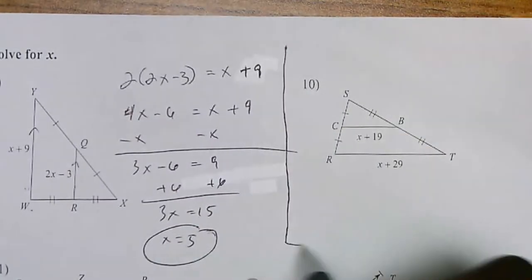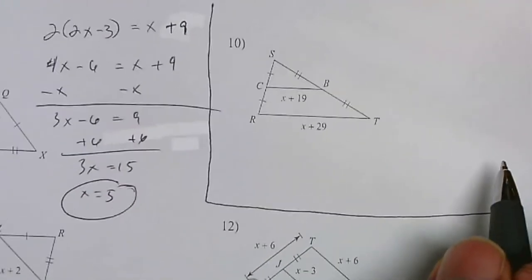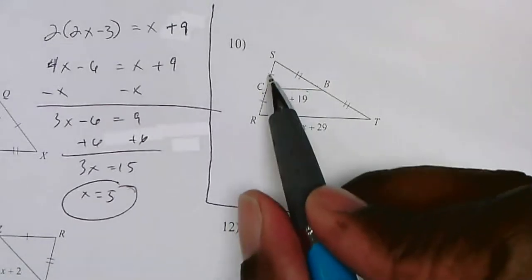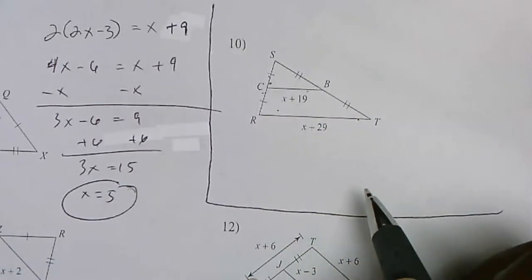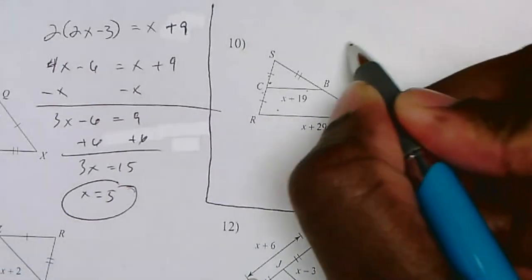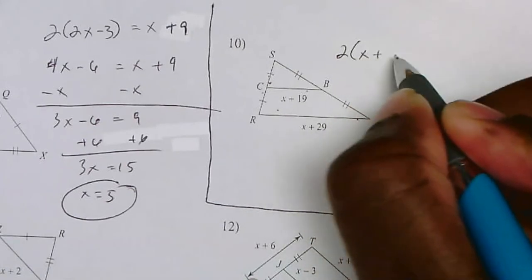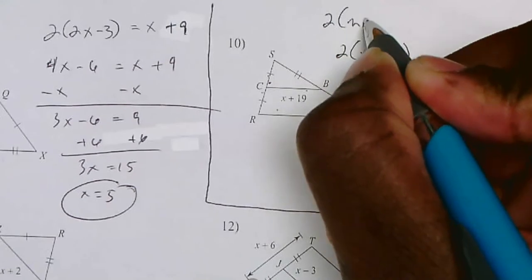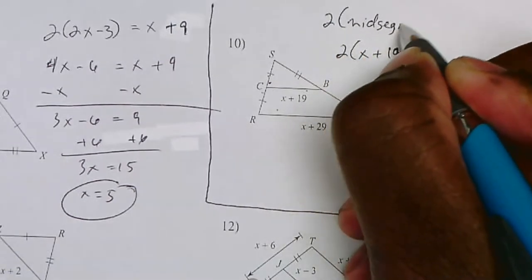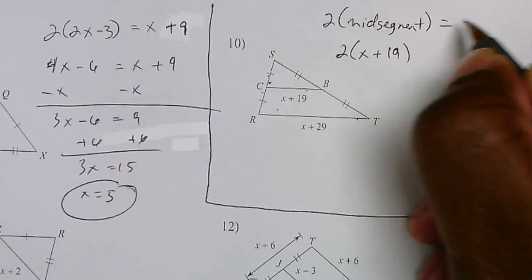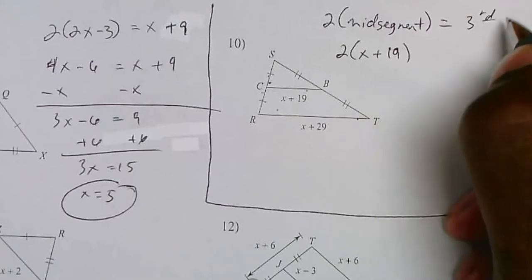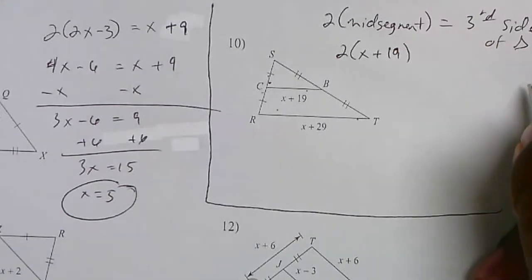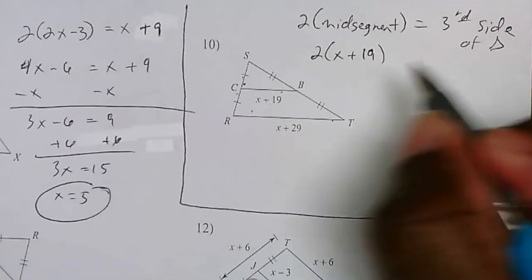In the second problem, which is number 10, it gave you, again, a midsegment, because all these parts are congruent to each other. So there's midpoints. So I know twice the midsegment, so 2 times the midsegment, equals the third side of the triangle.